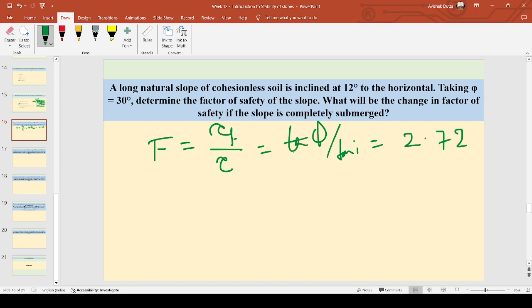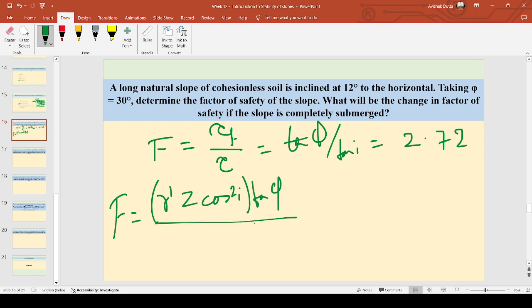Now in the second part, we have been given that the slope is completely submerged. Then the factor of safety takes this formula: F equals gamma submerged Z cos square i tan phi divided by gamma submerged Z cos i sin i.